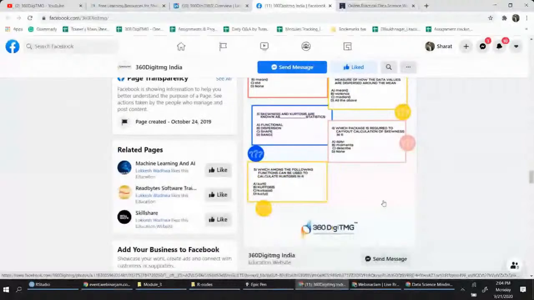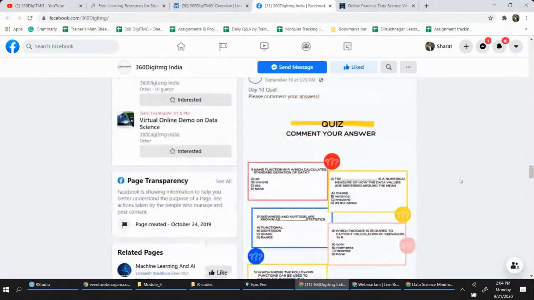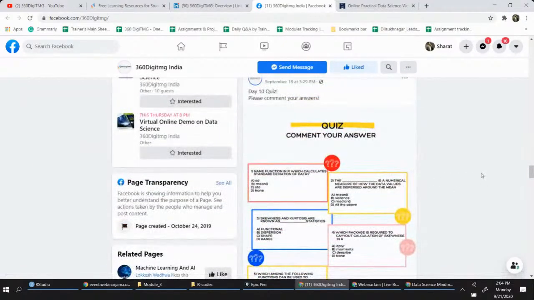Facebook is better than LinkedIn. Not good, not good. Keep pushing you people and you don't respond. Keep pushing, not responding. Participate here, guys. Learn the concepts, learn the questions. Are these questions so easy?